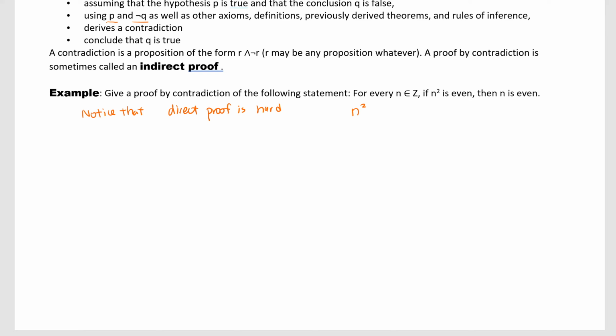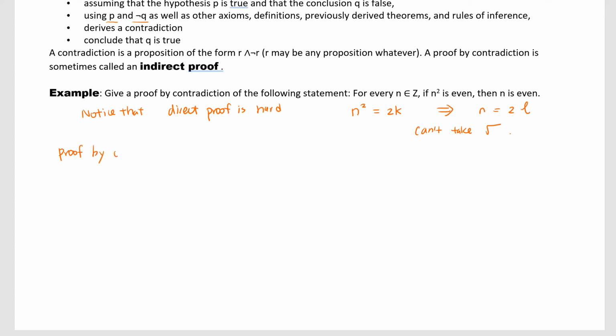Well, n squared is even means n squared equals 2k for some k, and you want to find out n is even, so n is 2l for some l. This is hard because how do you get from n squared to n? Can you take square roots? No, we can't easily take the square root of 2k. So in this case, the direct proof is hard. Let's try to use proof by contradiction.